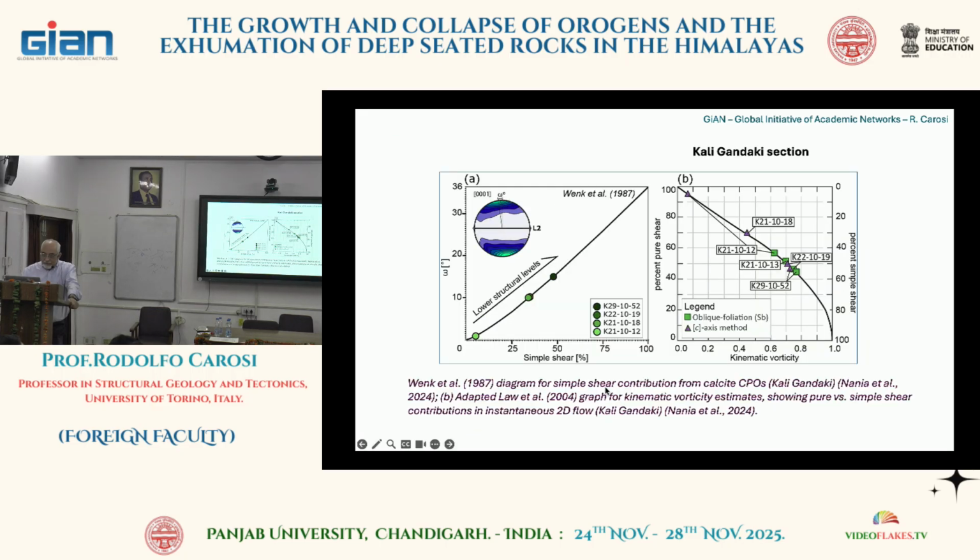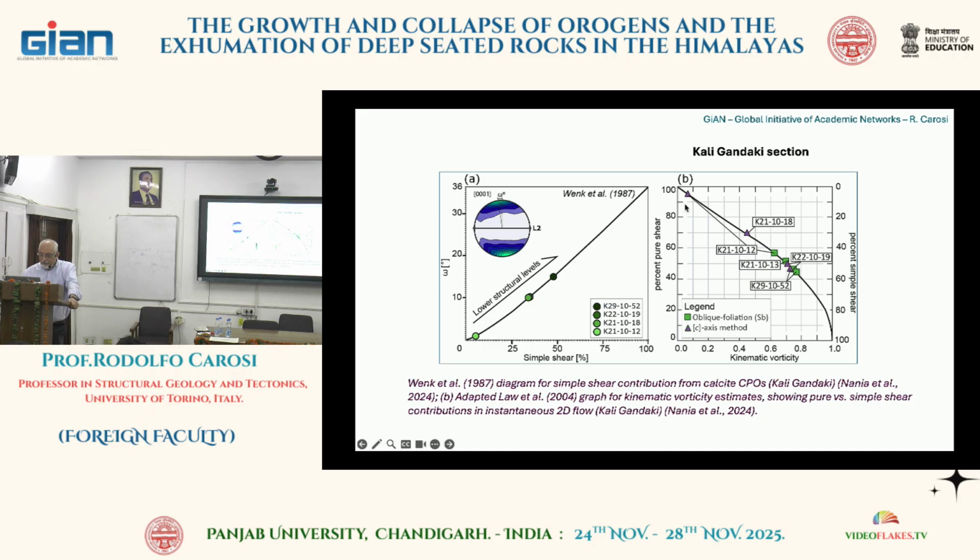So from the fabric of the stereographic projection of the C-axis of calcite, we were able, using the Wenk diagram, to detect the amount of simple shear, pure shear. We have several samples approaching the South Tibetan detachment, going down, the simple shear increases in this way.